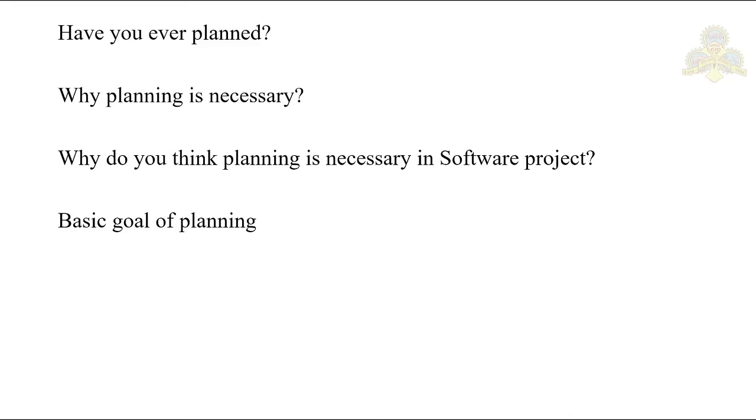Then, what could be the inputs to the planning phase? The inputs are your SRS, the requirement specification, and the architecture description. When you have the architecture and the SRS in place, then you can start with your planning.